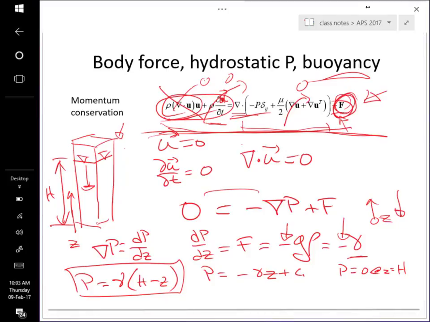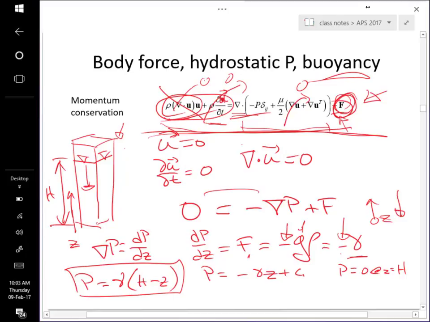If you want to do this on the moon, then g would change. If you want to do it upside down, then the minus would change. Some of you are working on this project where we're interested in what happens to a column that's laid over on its side, and so that flow is induced there. The way you do that is you change the direction in which the body force is applied.